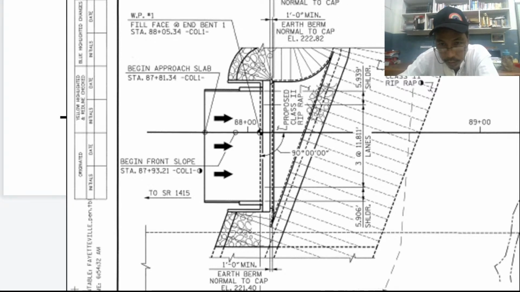Here, let us start again at the top. 1 foot 7 inches minimum berm. So similar to the details at the top view. So 1 foot 0 inch minimum, earth berm, normal to cap. Okay, berm is an English word.